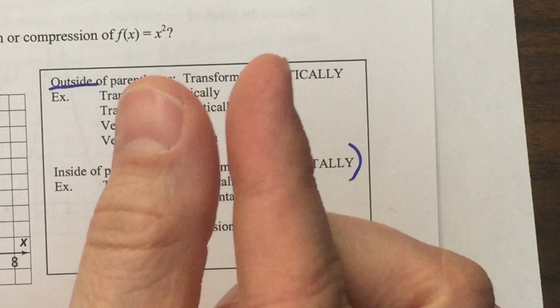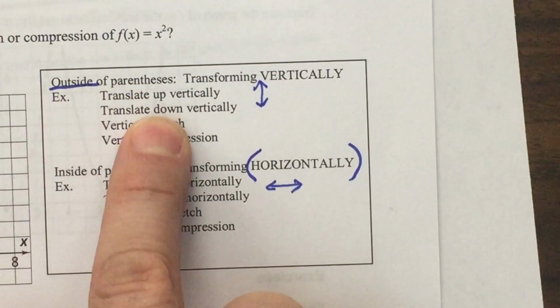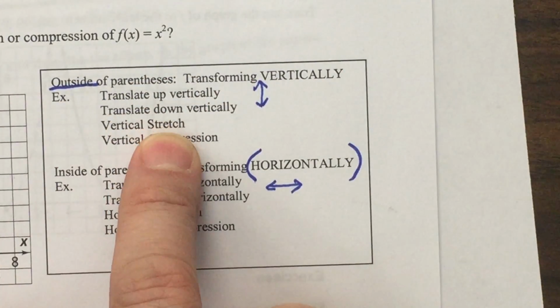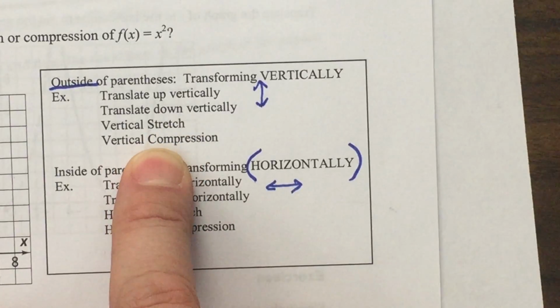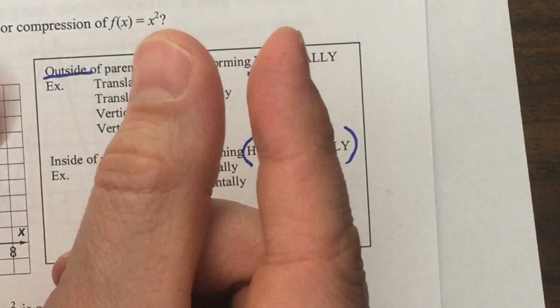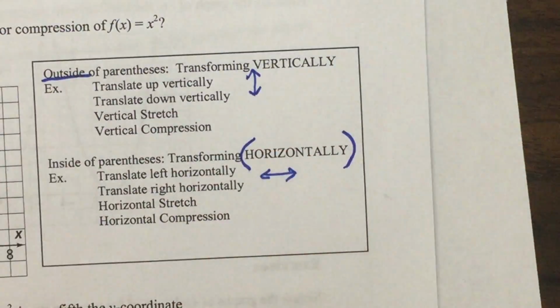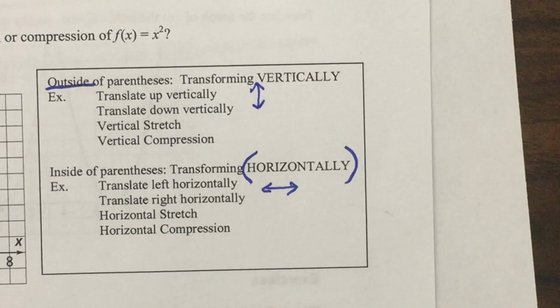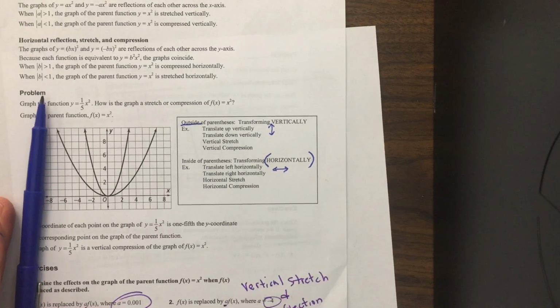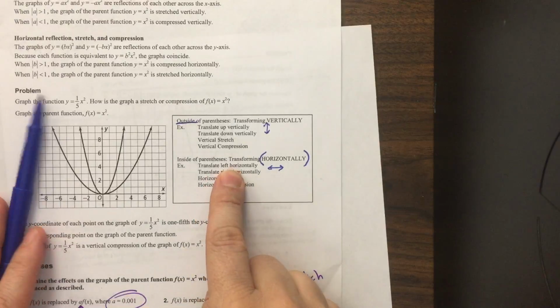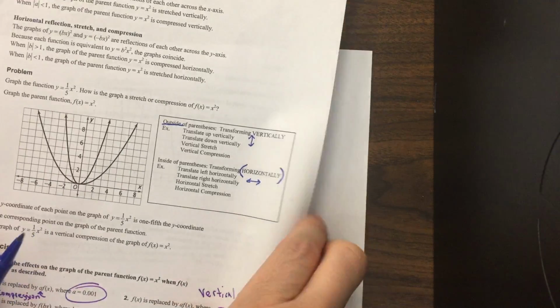But we don't call it horizontal if it's outside parentheses. It would be a vertical stretch. Likewise, a vertical compression, if I have my parabola and I squish it down and compress it vertically, it makes the parabola wider. Okay, so all these different things that are happening. All right, so keep that in mind. We're going to be going back to this as we do this paper.